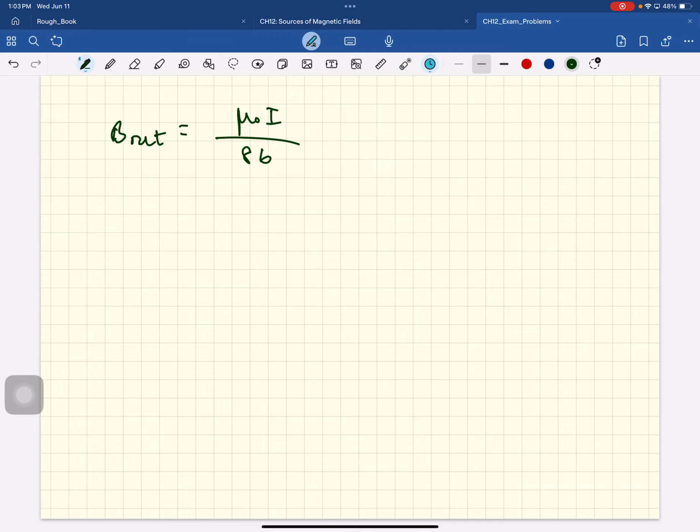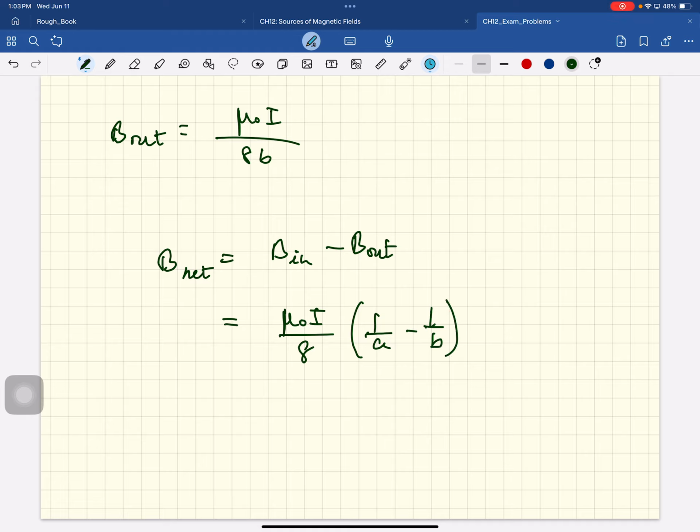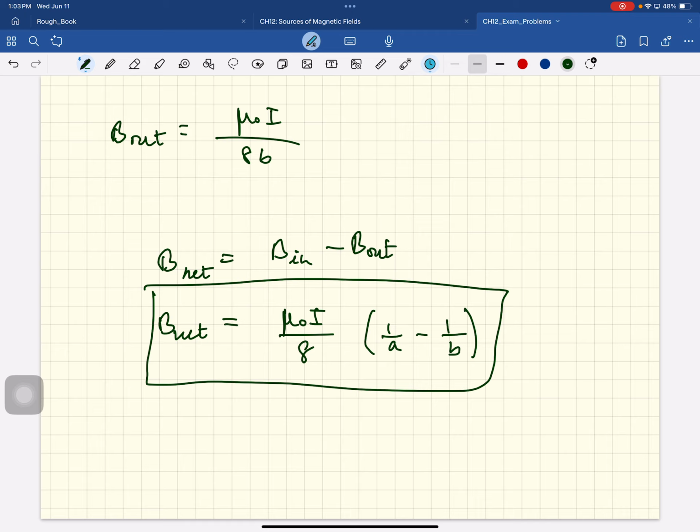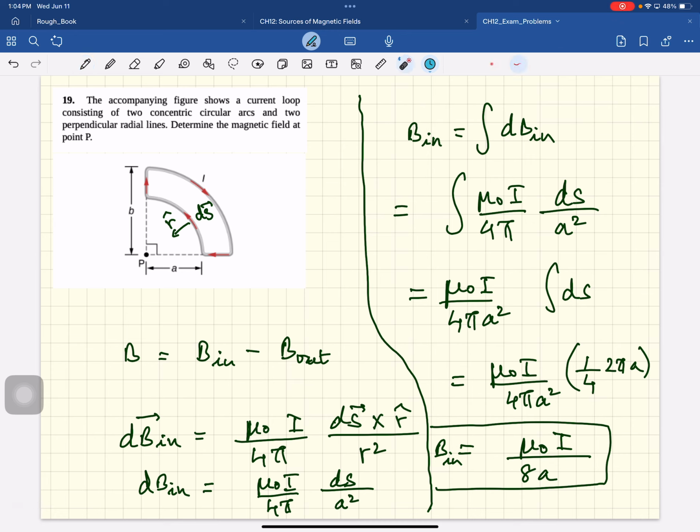So the net field is... All right, so again, one of the messages of this problem is they gave you that because that integral was easy to do.